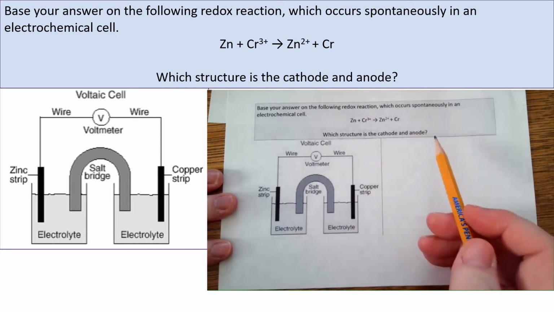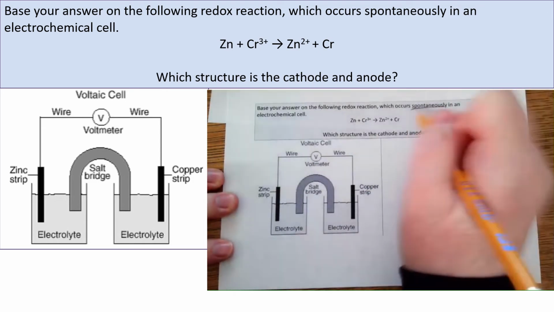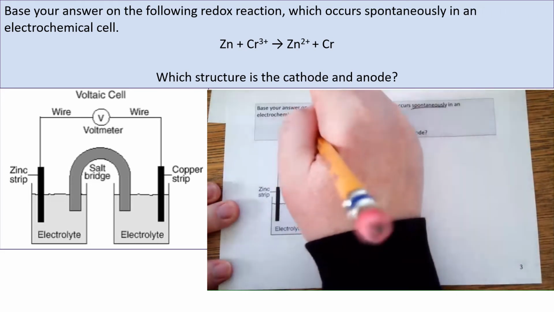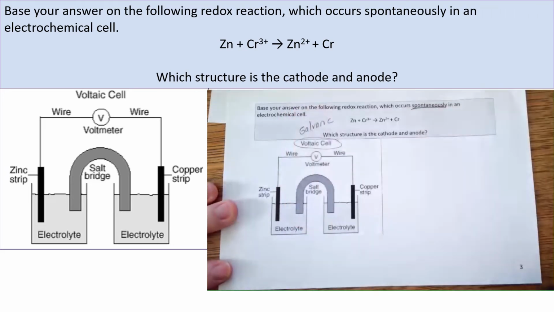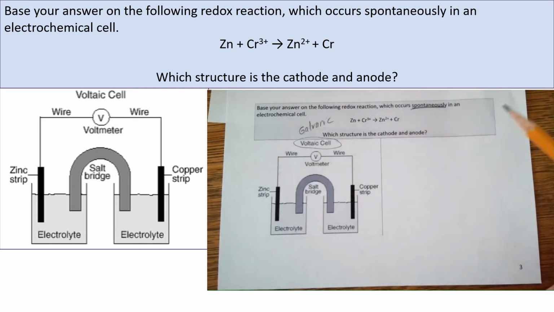All right, now we're looking at this question, which is the anode, which is the cathode. An important piece is that this occurs spontaneously. We also know that by looking that it's a voltaic cell. Another way to say voltaic is galvanic. This thing is literally a battery. Okay? So how do I determine what's the cathode and what's the anode?